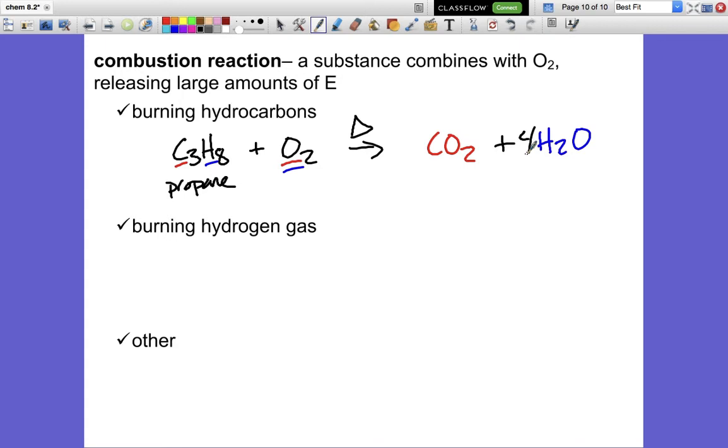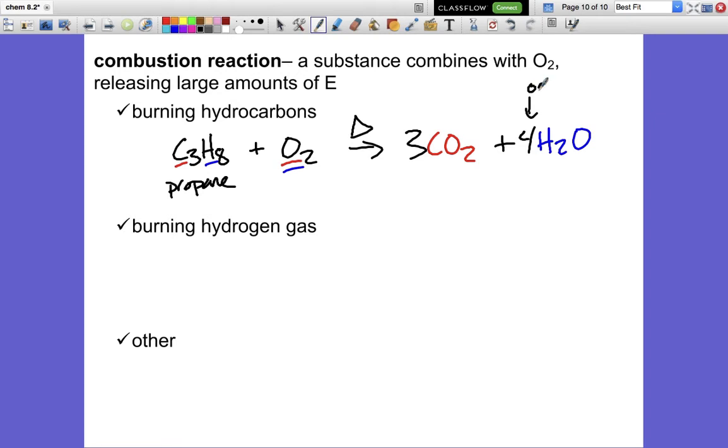And because I have 3 carbons on the left, I'm going to need 3 carbon dioxides on the right. But I'm looking for that number in front of the water, because in this case, it's not going to be a problem. But when you were doing your balancing equations, you should have had examples like this.